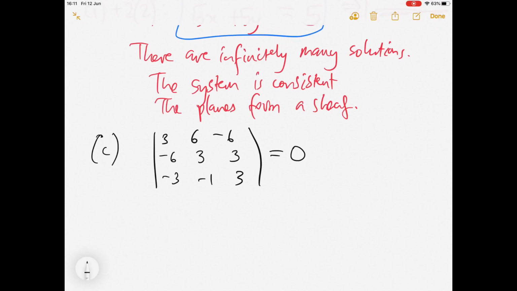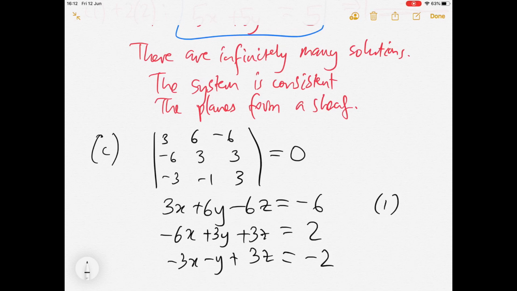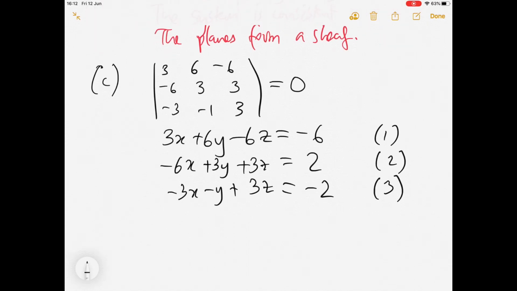So let's do the same thing again with the equations. We've got minus 6x plus 3y plus 3z is 2, and minus 3x minus y plus 3z is minus 2. Let's again call them 1, 2, 3.